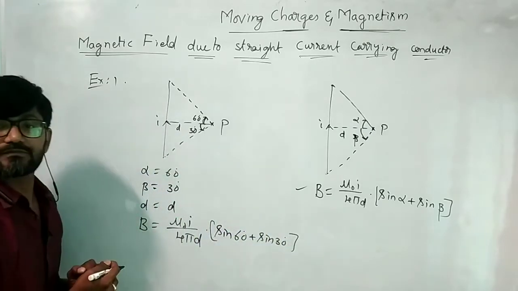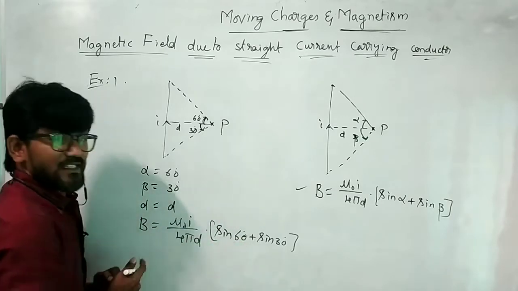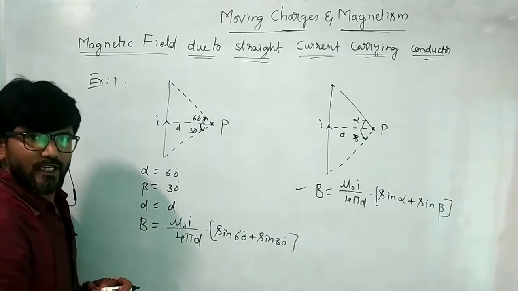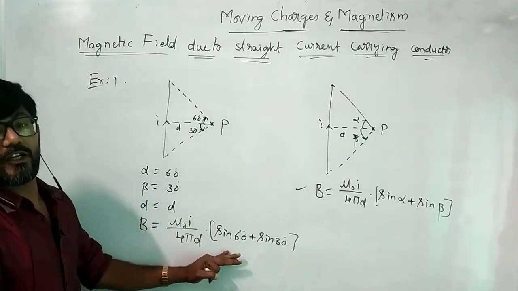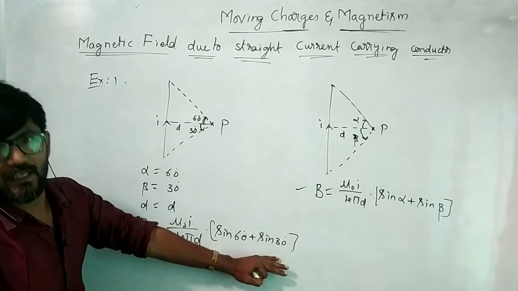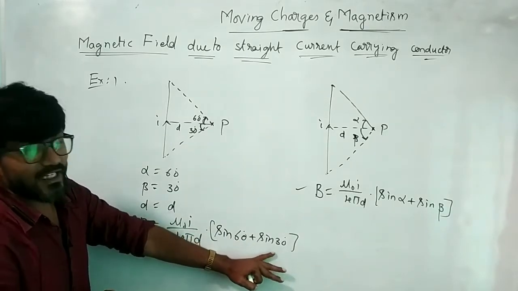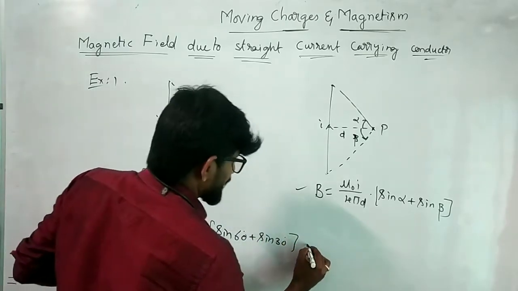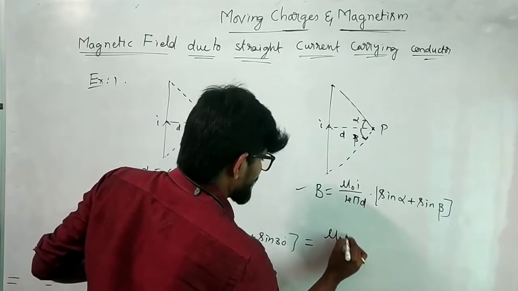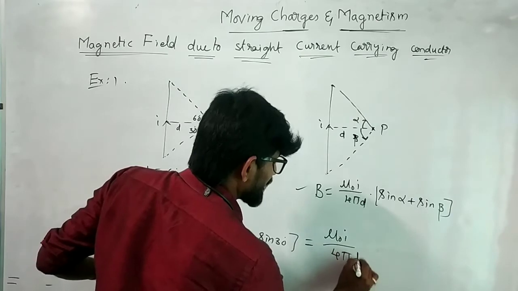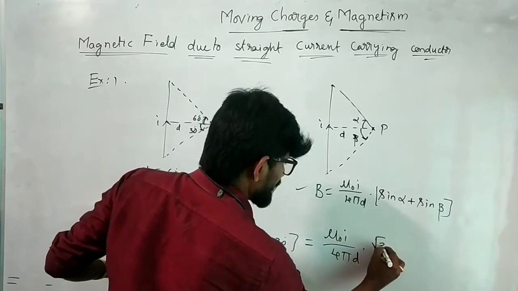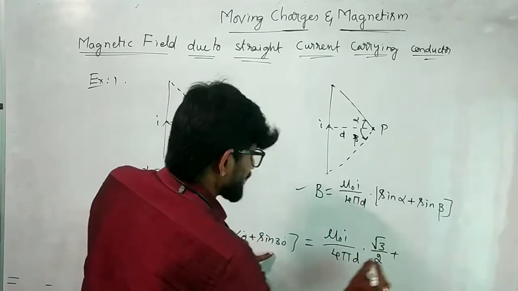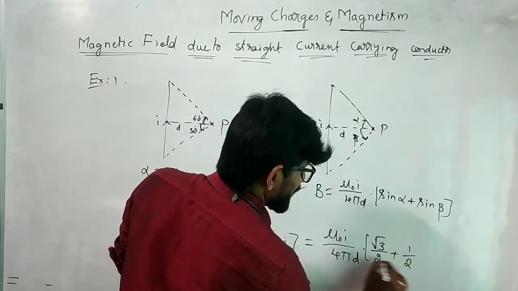Is it clear? Then, what is sin 60? Very good, sin 60 is root 3 by 2. Sin 30 is 1 by 2. If you substitute these values, you get mu naught I by 4 pi d into root 3 by 2 plus 1 by 2.